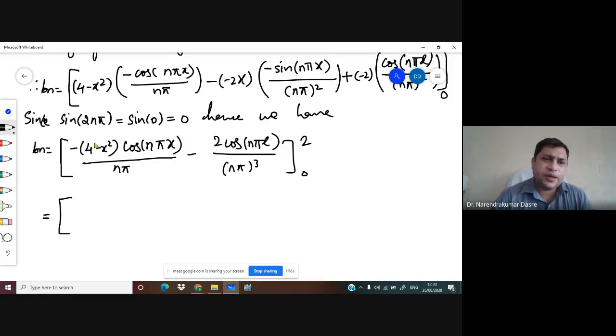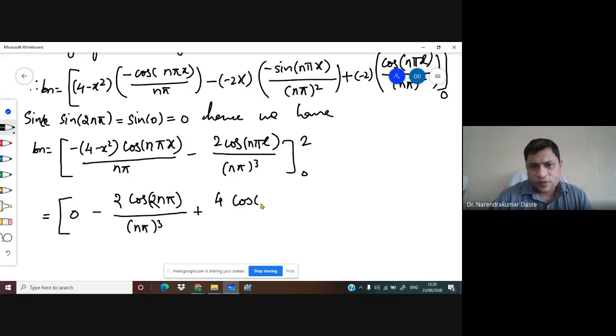If we apply this limit, this will be 4 minus 4, that is going to be 0, minus, here we will be having 2 cos of 2n pi, because x is going to be 2, upon n pi cube. Minus minus, this will become plus. So if you apply 0 here, then this will be 4 cos of 0 upon n pi. Minus minus plus, this is cos of 0 upon n pi cube.